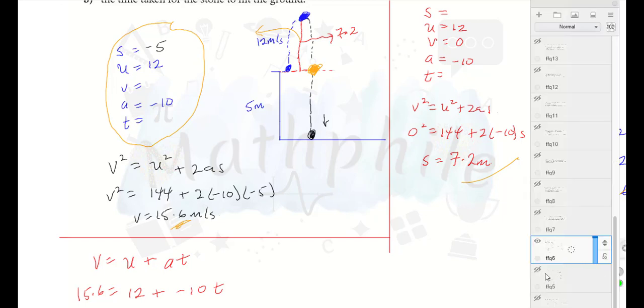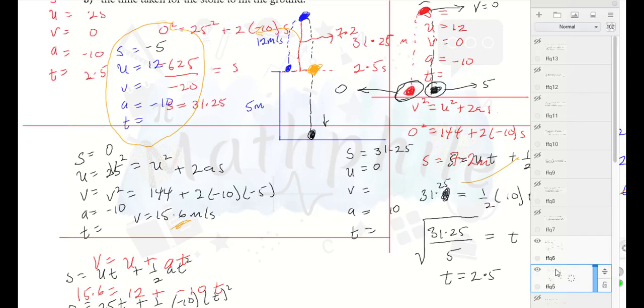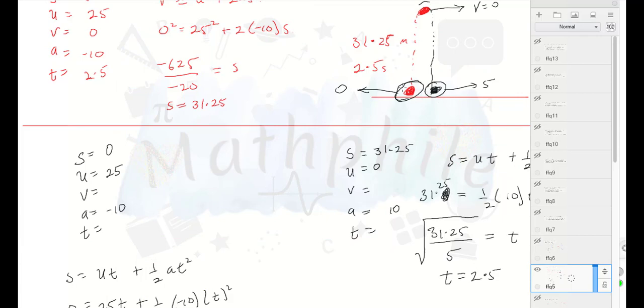Let me go back to the previous example. This was the previous example. See, this explanation I gave: the particle was at one same place at two different times, right? This particle was at this position when time was equal to zero, and at this position when time is equal to 5. So the particle was at the same level at two separate times.